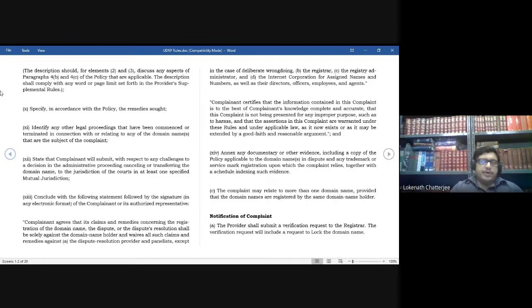Policy just talks of the relief or remedy of cancellation of the name, or registration of the domain name in favor of the complainant. Now, Roman 11, other legal proceedings. As we've seen in the policy, other legal proceedings can happen together along with the UDRP.